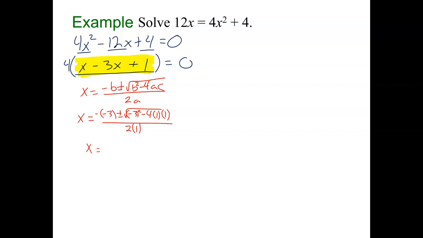-3 becomes +3. Good. -3 squared is 9. 4 times 1 times 1. 4 over 2. And then we can finish it off. 9 minus 4 is 5. And now it's already simplified.